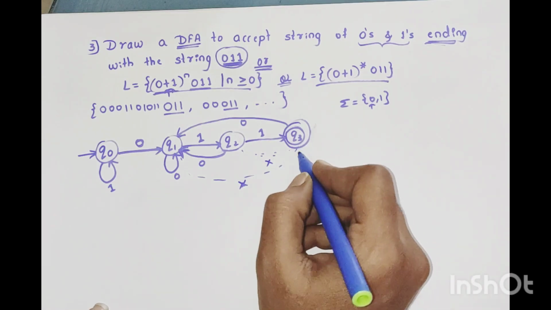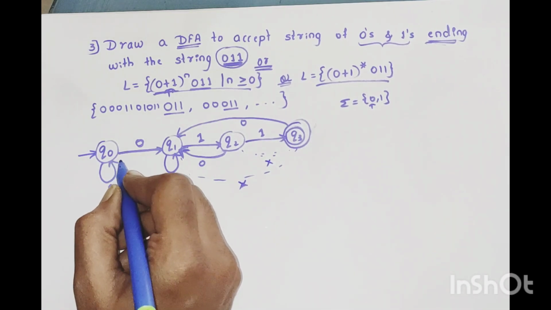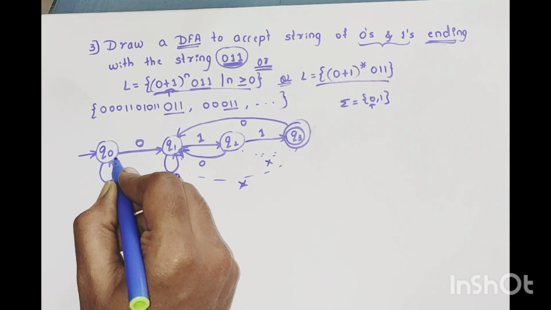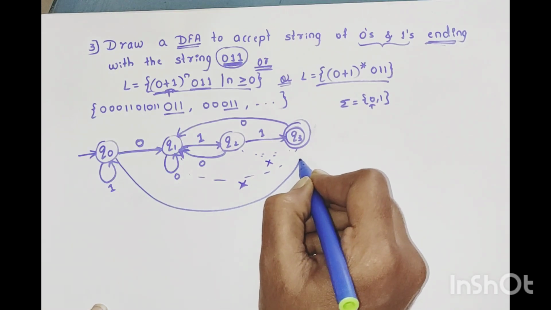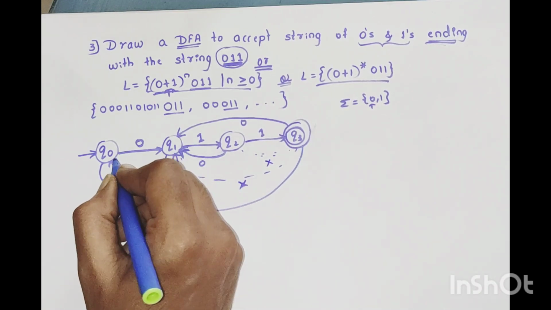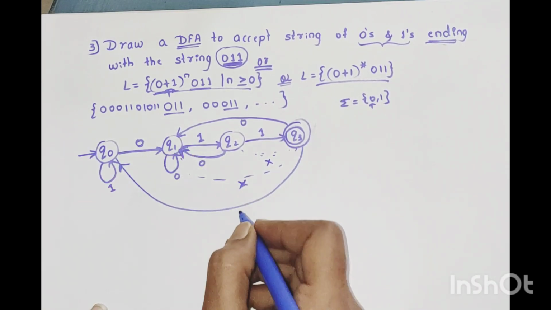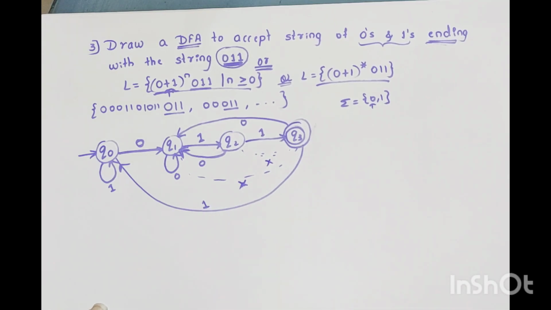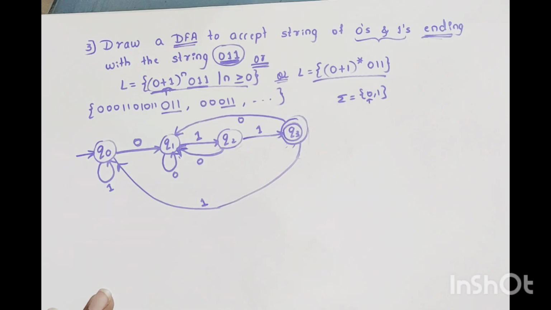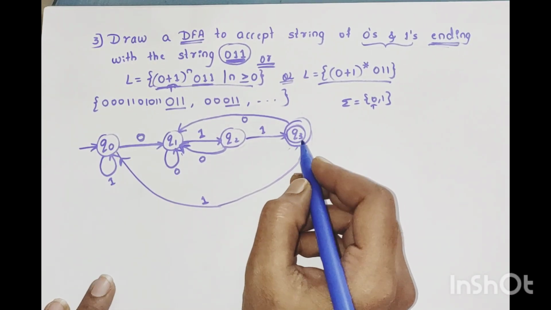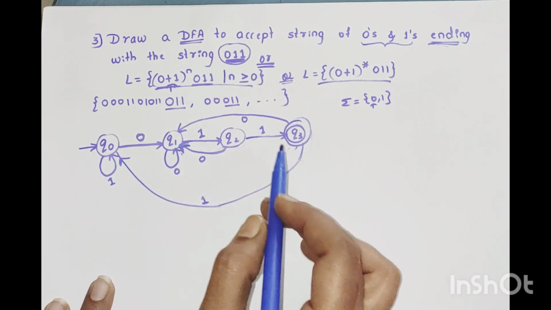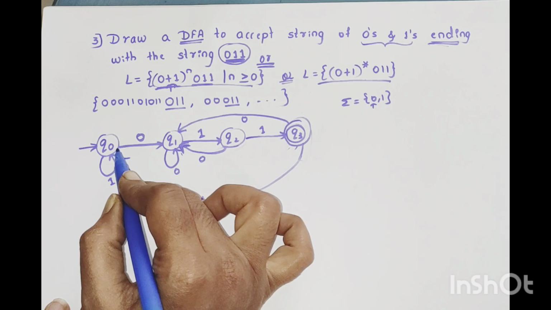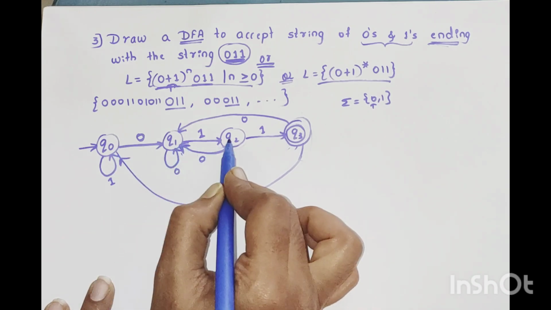Then we can go with this Q3 to Q0 for the 1 input symbol. So now the condition will not further fail, because if 1 comes here, then again the machine can end with 0 1 1.